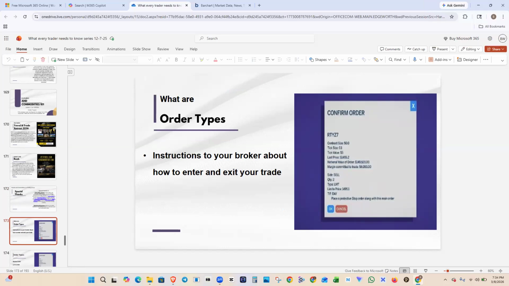All righty. What are order types? It's something you need to know. These are instructions to the broker about how to enter and exit your trade. Now this is an example of a confirmation that the broker would have.